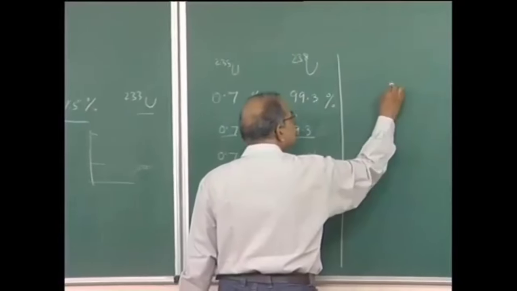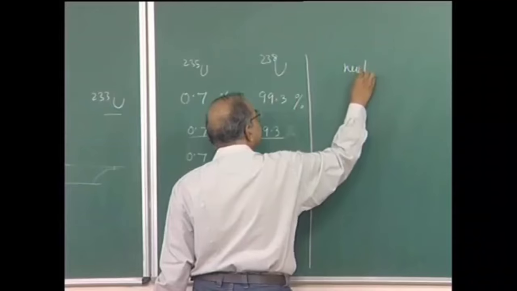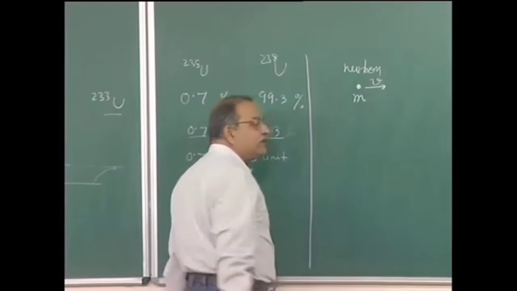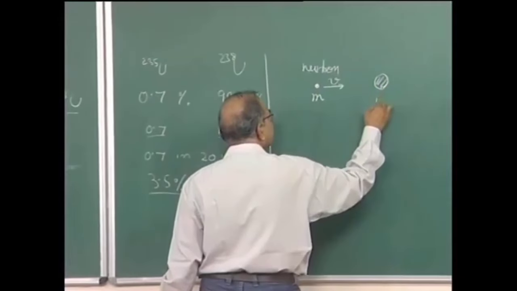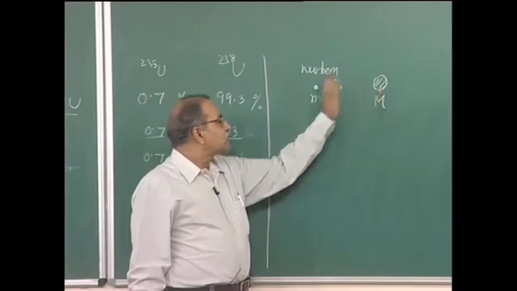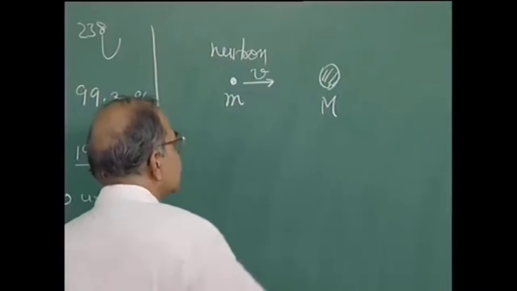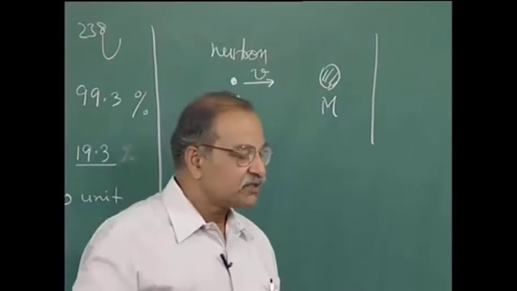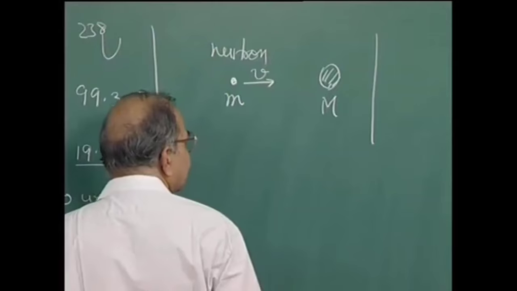You can make a simple calculation for head-on collisions. If you have this small m for neutron, let us say, and it is going with some kinetic energy, some speed, and then you have another nucleus here with mass capital M at rest, and this neutron goes and hits this, then what happens? If it is all elastic collision, no internal excitations and so on, you can do a simple calculation.